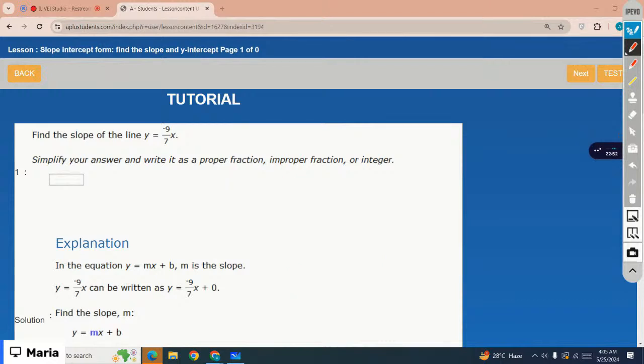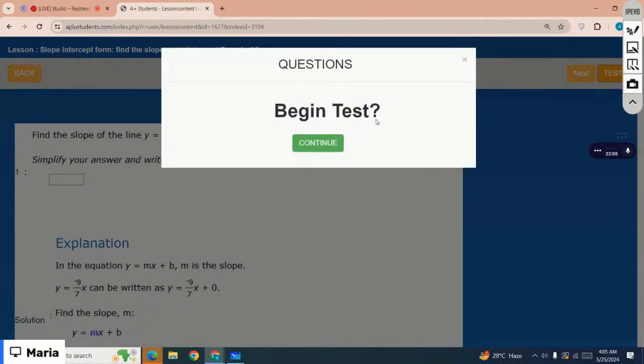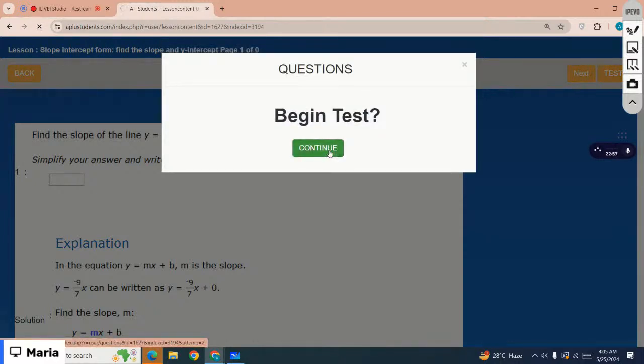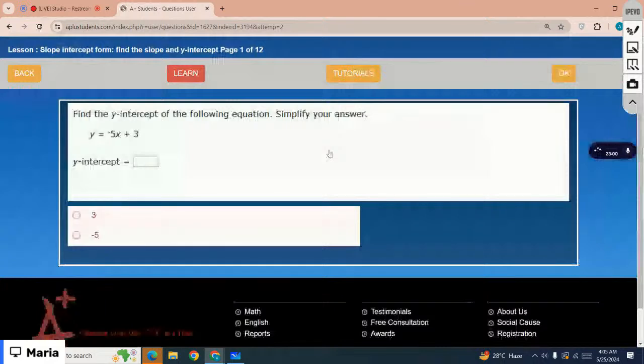Let's just start with the test questions. Find the y-intercept of the following equation. Y equals minus 5x plus 3. So what is the y-intercept?